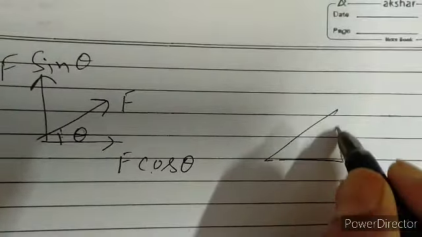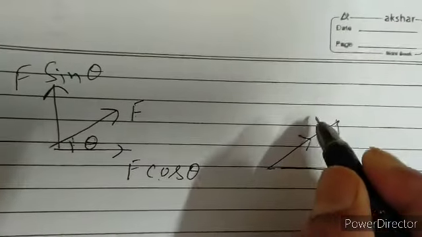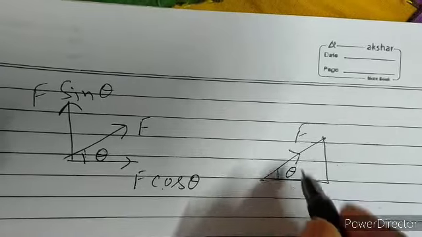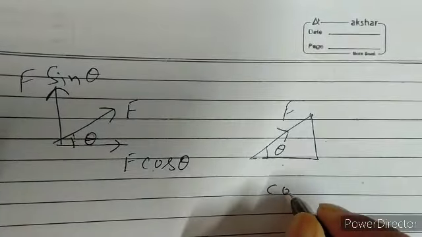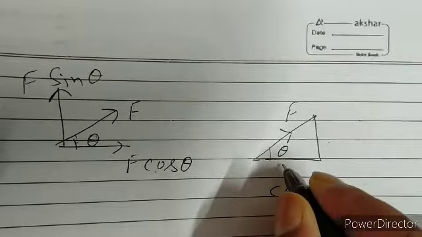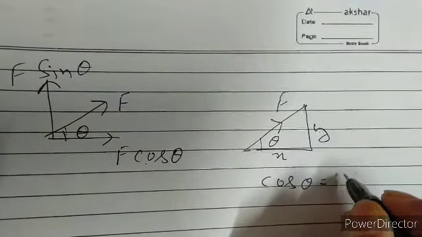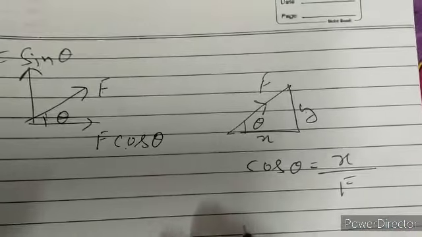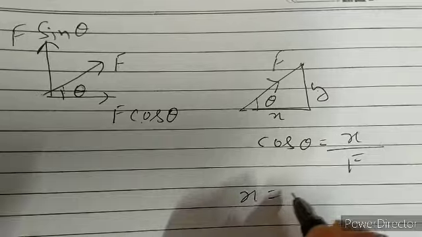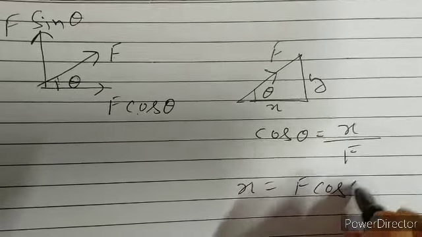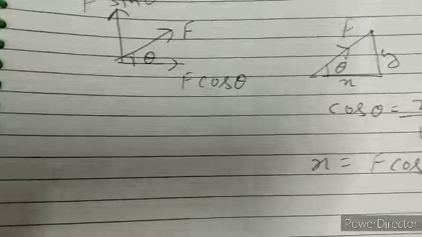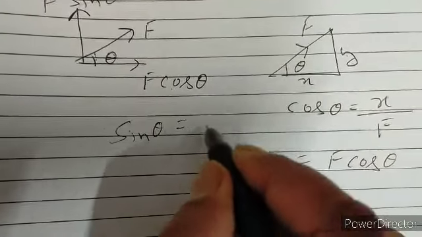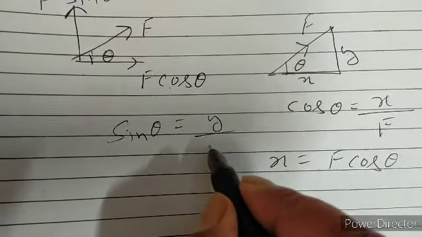Suppose this is a triangle, this is F, and this angle is theta. Now this is perpendicular, base, hypotenuse. This is x and this is y. Cos theta is equal to base upon hypotenuse, then x is equal to F cos theta, and sin theta is equal to perpendicular upon hypotenuse.